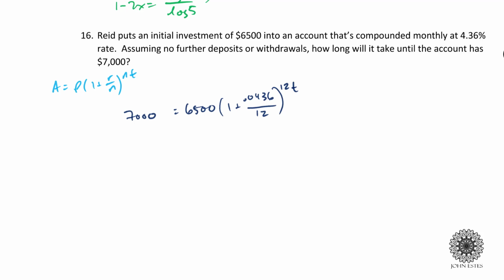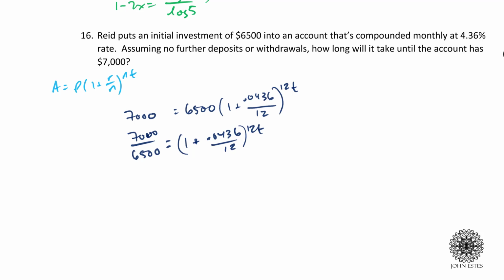Now in solving for t, I have to divide both sides by 6,500, so that's 7,000 over 6,500 equals 1 plus 0.0436 over 12, to the 12t power. And now what do I do? Well, this is an exponential, and there is no way I'm going to get a common base.